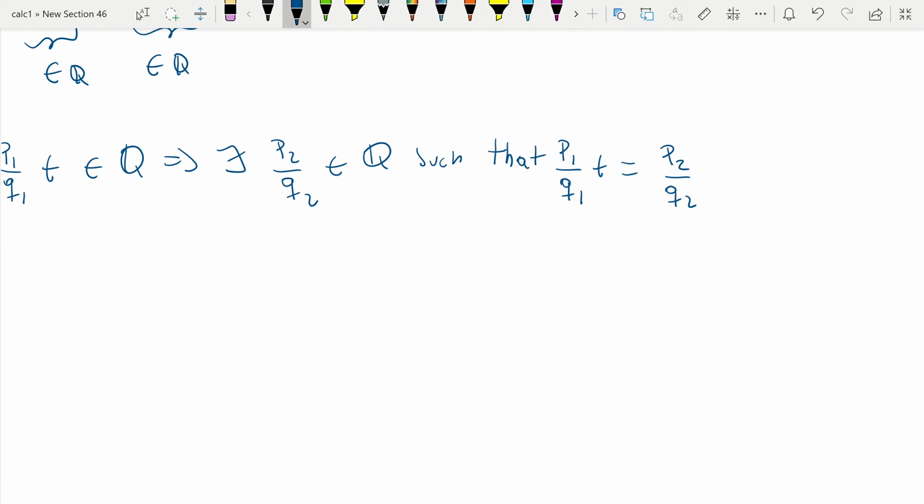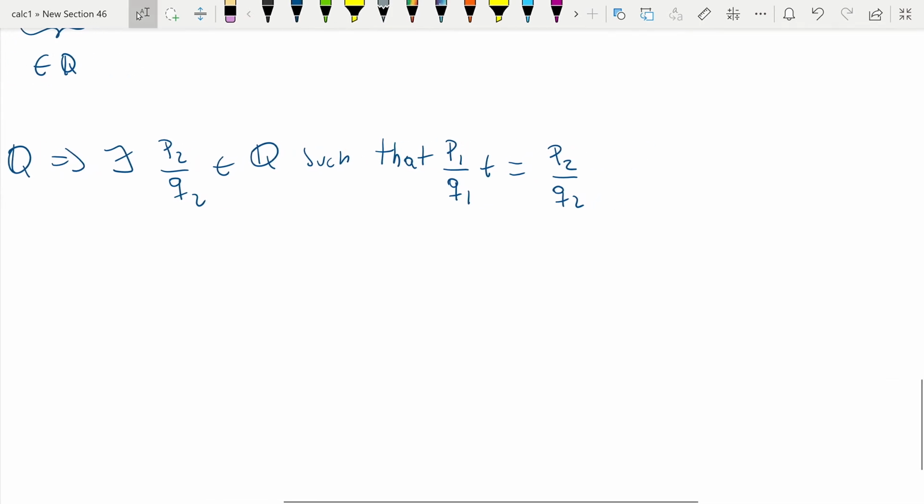And here we have to be a little bit careful, and pay attention to where our hypothesis plays a role. So we would have this, right? So we can multiply by the inverse of P1 over Q1, namely Q1 over P1.